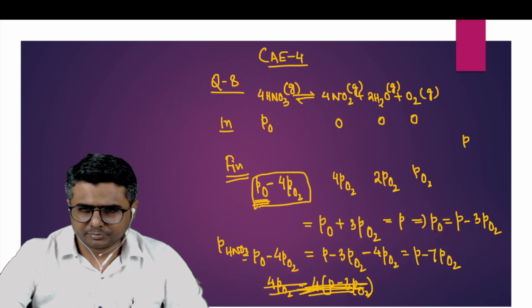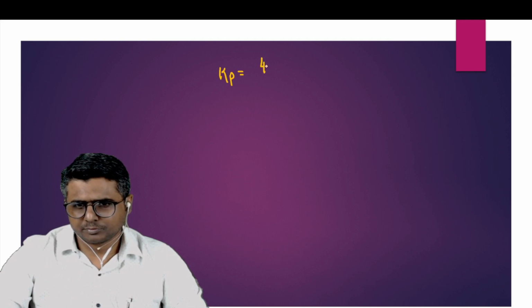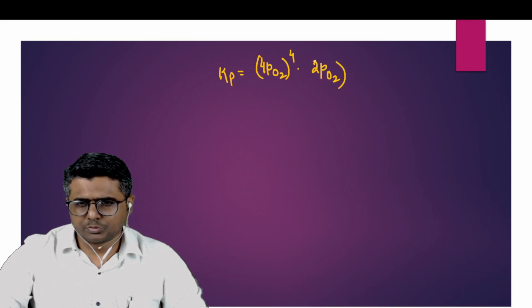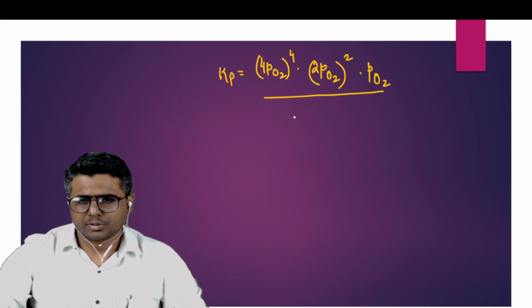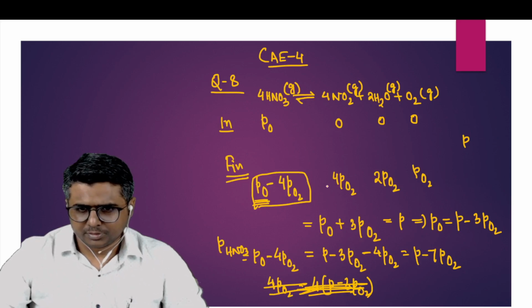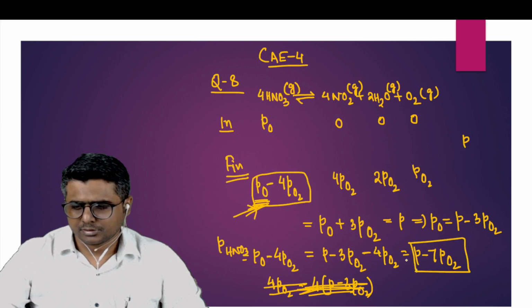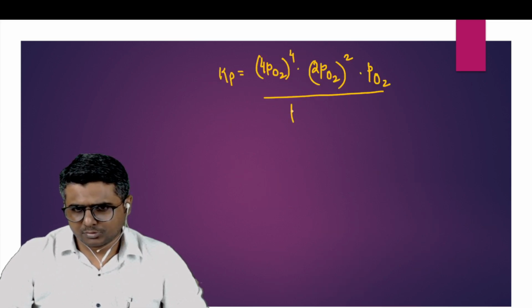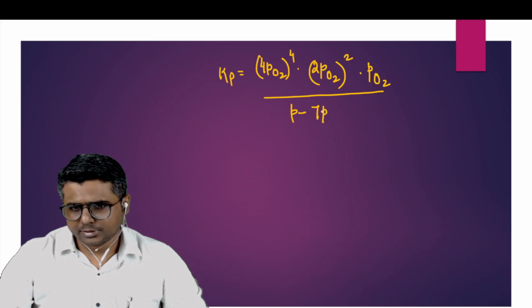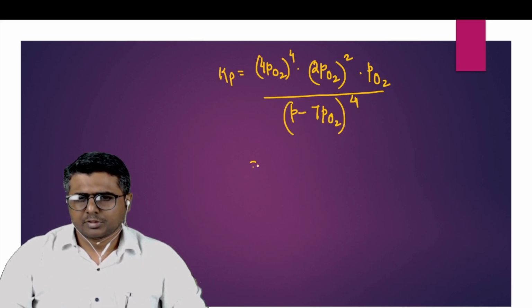Kp will be 4 PO2 whole to the power 4, 2 PO2 whole square into only PO2, divided by this one, which is already done as P minus 7 PO2 whole to the power 4.